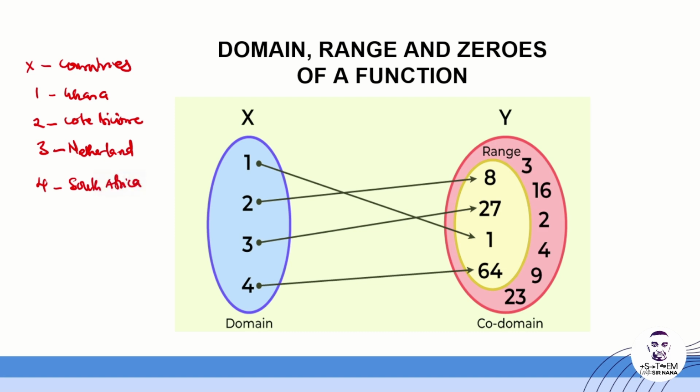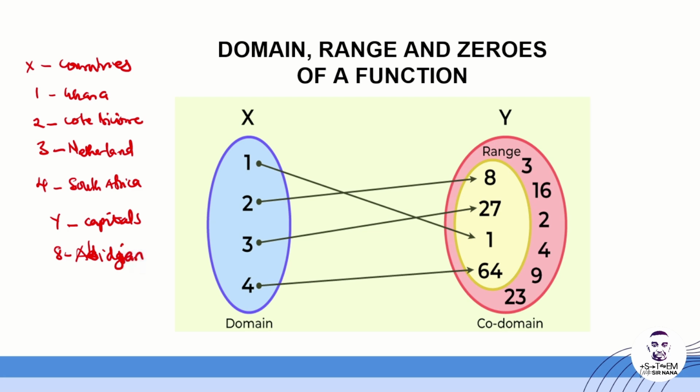And let's assume that the Y consists of the capitals. So capitals could be anything, including the capitals of these countries that we have. The 8 maps to the 2, so the 8 represents Abidjan, right?